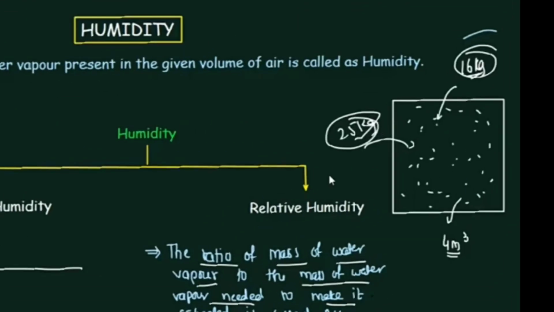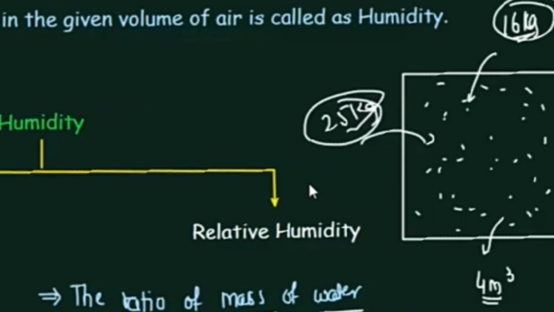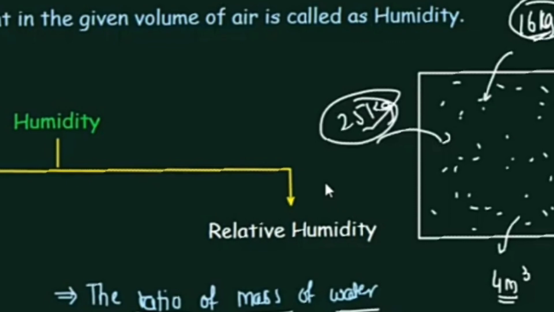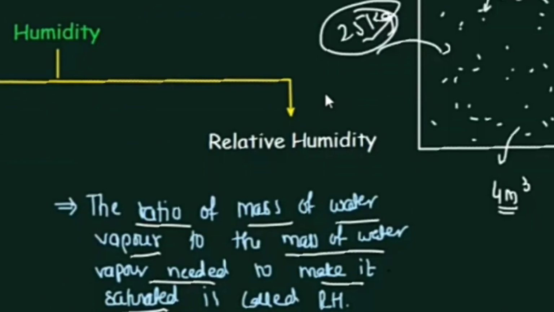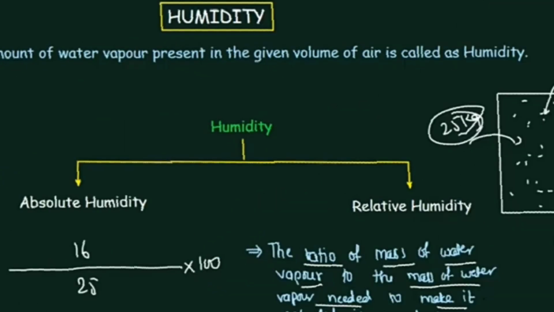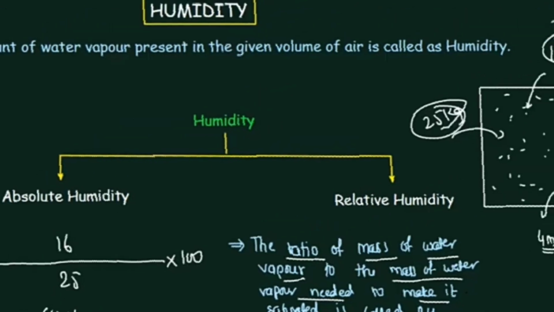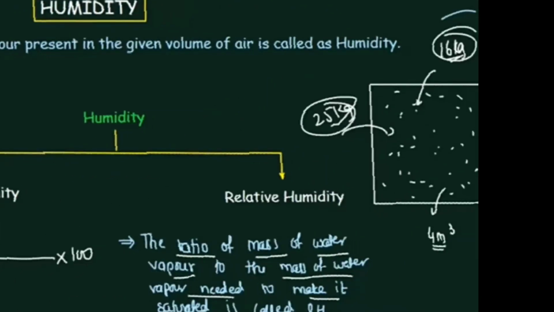Okay, so suppose here we have taken 25 kg of water vapor as the capacity. So what will be the relative humidity? The total mass you have taken is 16. Here we have taken 16 kg.